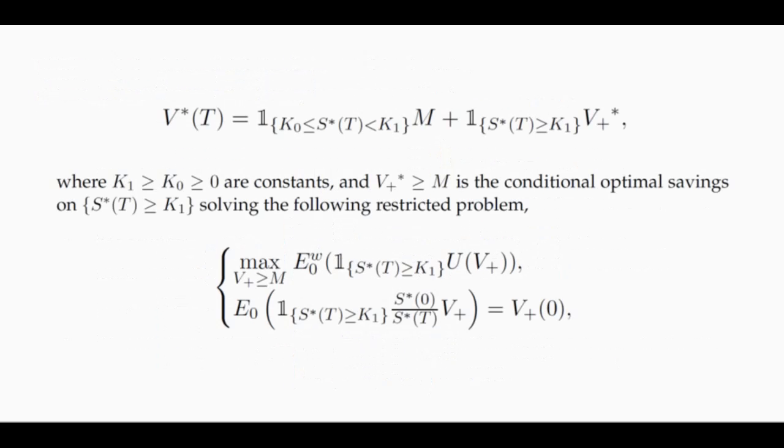So the V star plus maximizes this expected utility under the distortion W. And it satisfies this particular budget constraint where the initial budget is a constant to be determined.